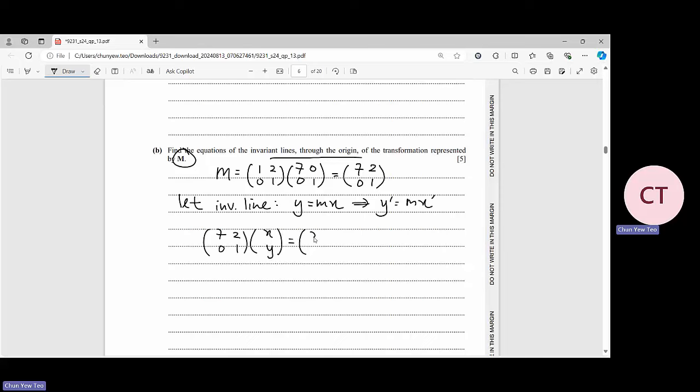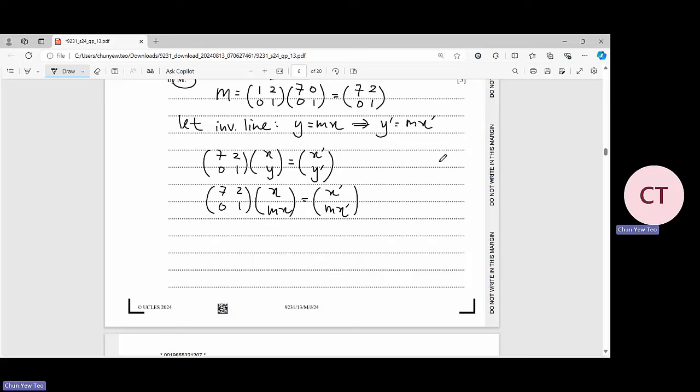After you transform, you get x prime, y prime. Then just replace the y as mx, and replace the y prime as mx prime. Just like that. Expand them and you get (7 plus 2m)x equal to x prime. Then you get mx equals to mx prime. Equation 1, equation 2.